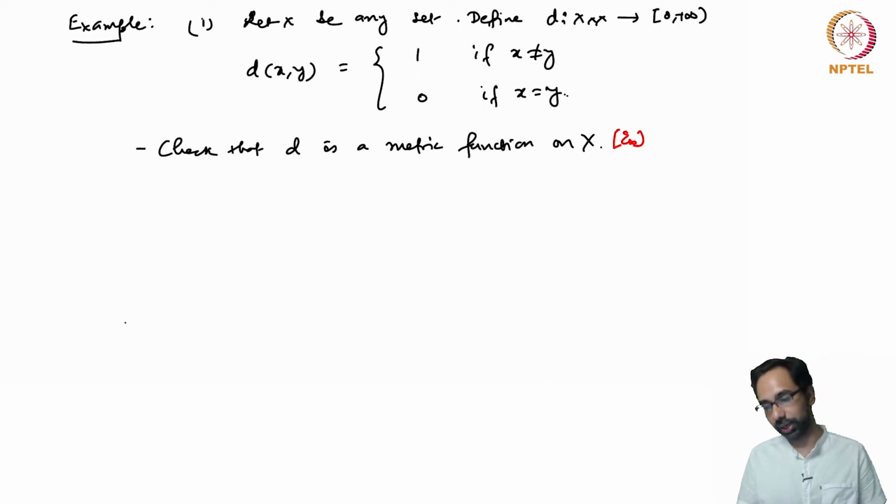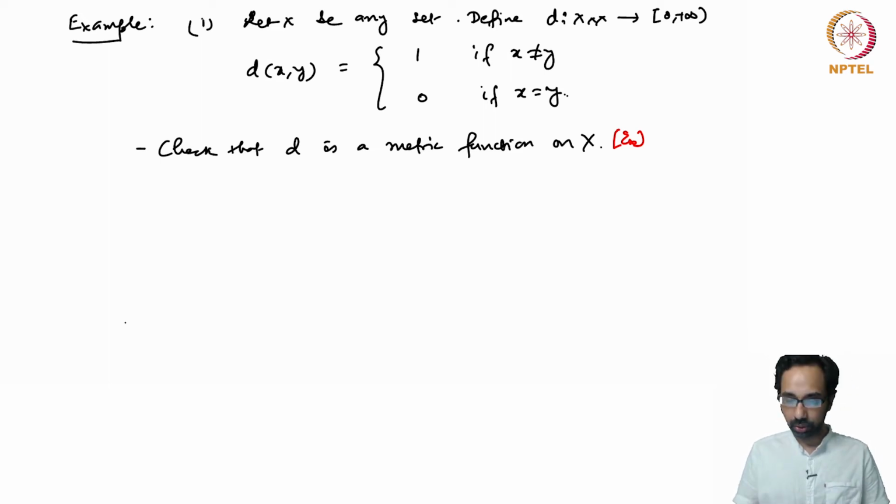You have to check that d(x, y) is 0 if and only if x is equal to y. Then you should have d(x, y) equal to d(y, x), and you also have to show that the triangle inequality holds.